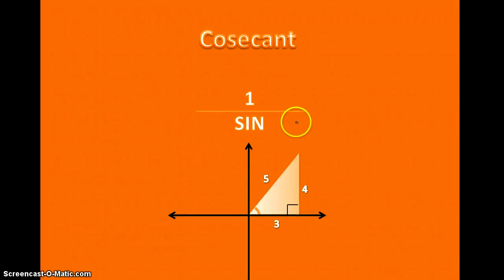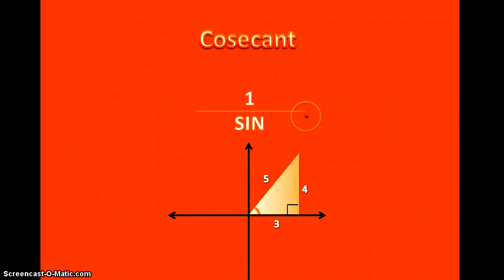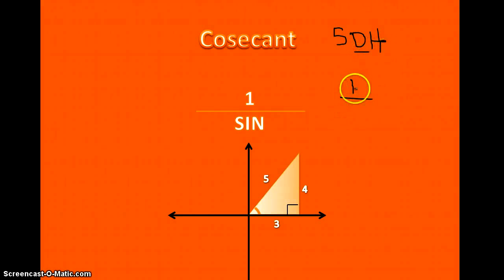So we have, for this one, 1 divided by the sine. So we have 1 divided by our sine, which equals the opposite over hypotenuse.